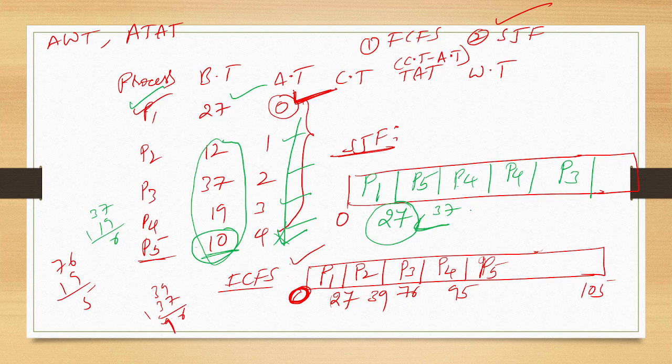After P5 it is not P4, it is P2. So 27, then 37, and 37 plus 12 is 49. 49 plus P4, whose burst time is 19, is 68. And 68 plus the last one, 37, is 105. With this Gantt chart, you have to find all these things.